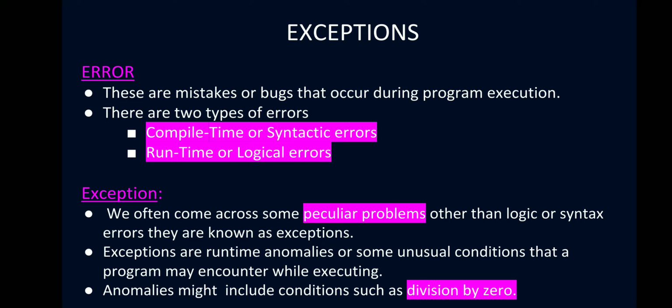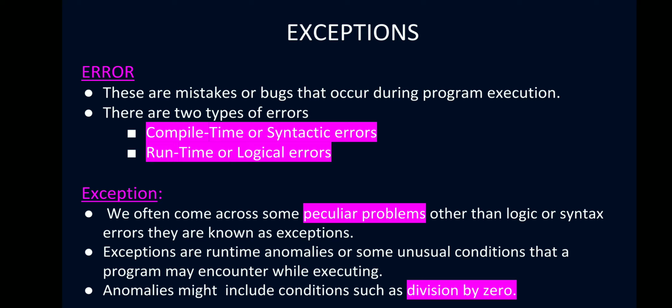All the syntactic errors are identified during compilation of the program, and hence they are also known as compile time errors. And all the logical errors in a program are identified while running the program, and hence they are also known as runtime errors.